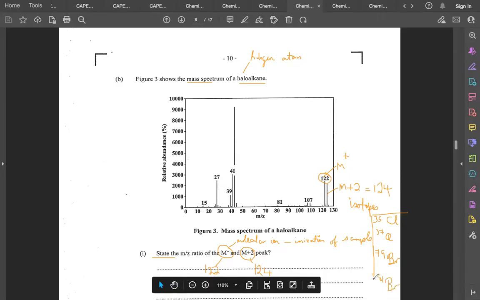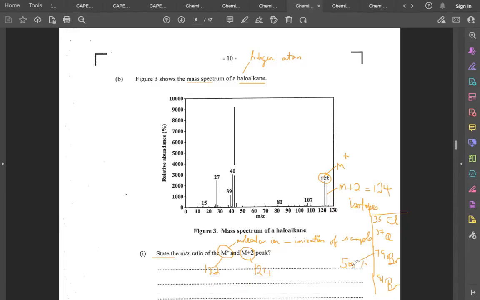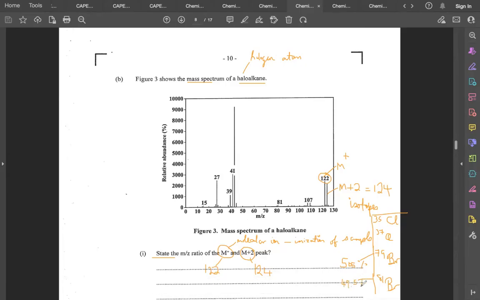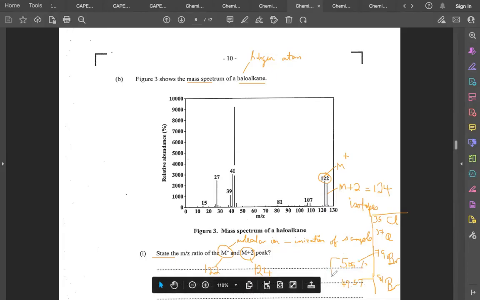And in terms of relative abundances, the 79 would be 50.5% abundant, and the 81 version of the bromine would be, what's the remainder there? 49.5. So you see that they're fairly close in their abundance.